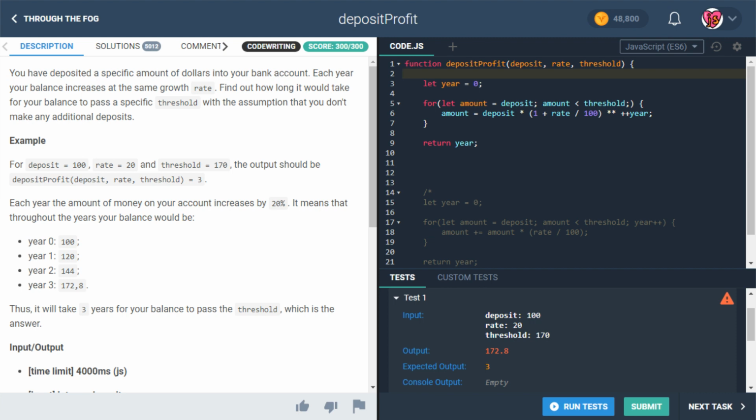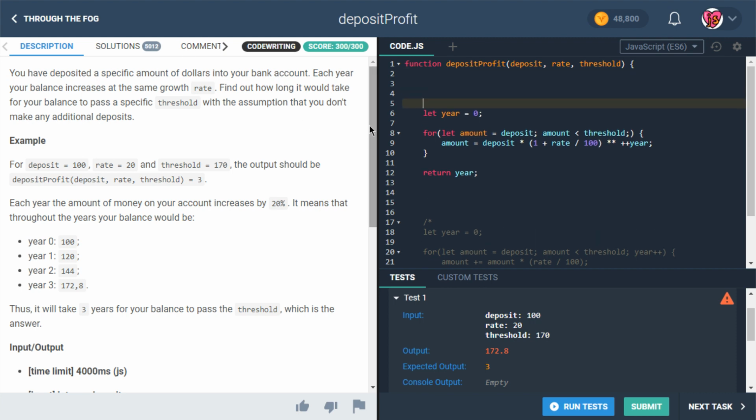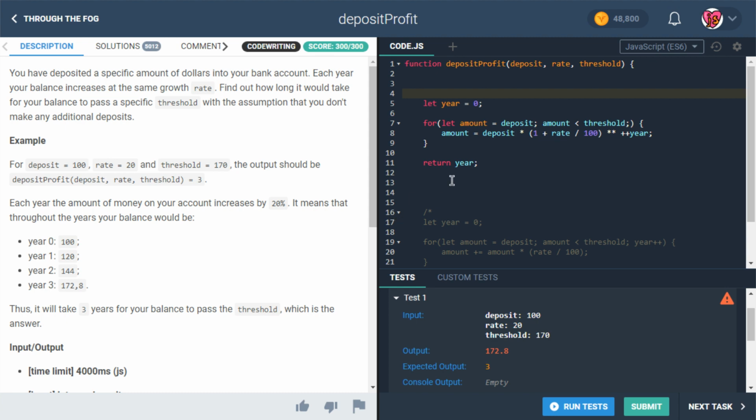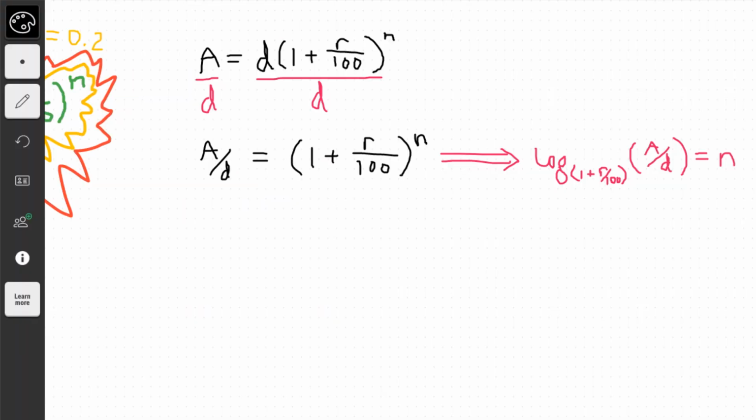If we don't put a custom base, if we just say Math.log, it's going to use the base of E, Euler's number, approximately 2.718, which maybe we'll get into at another point in time. It's a mathematical constant similar to pi. Okay, so since we don't have this base, we're going to do something a little different here.